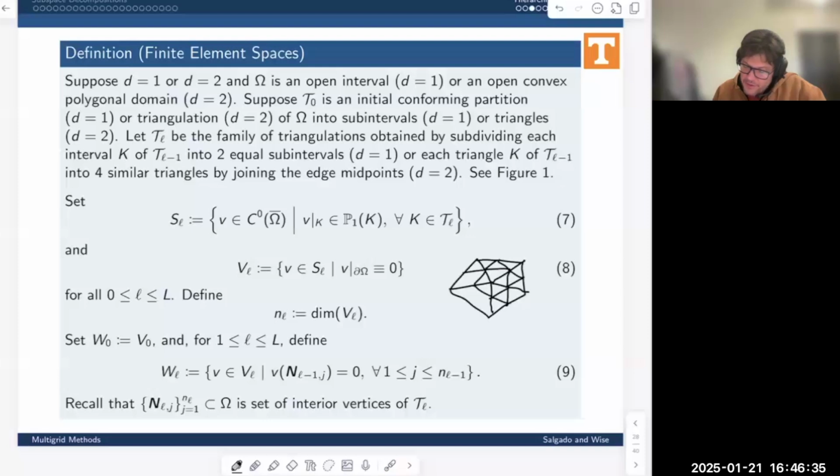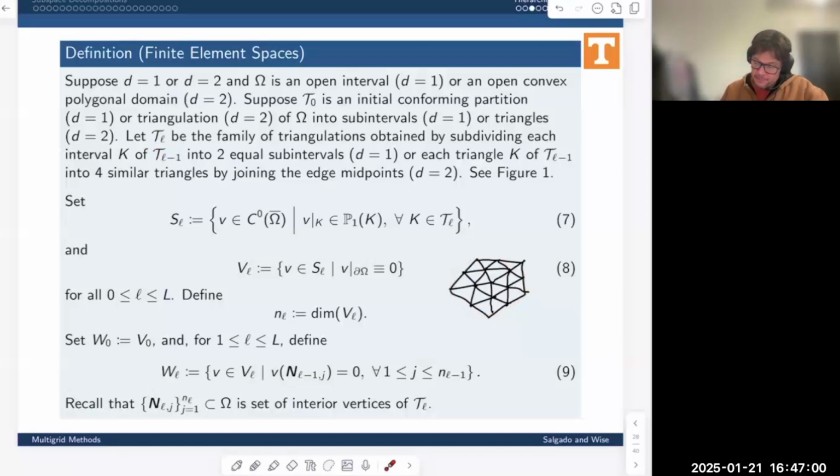They always give me nice finite element spaces, and I can keep quadrisecting. This family of triangulations is what we call T_L. The first triangulation I drew was T_0, and the next one you're seeing here is T_1. So T_2 would be a quadrisection of that, and the collection of all of those triangles.